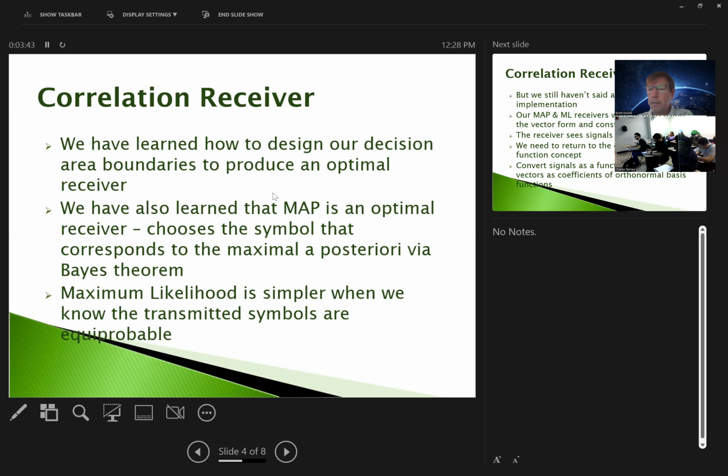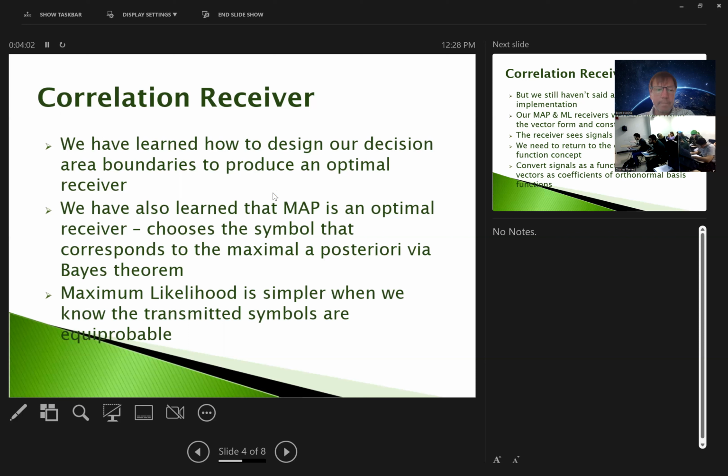We've understood that if we can make some assumptions, like the symbols are equally probable, then we can simplify things, and both our math and our decision areas are a little bit easier to deal with.